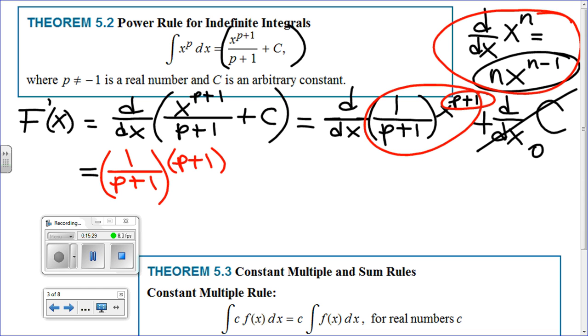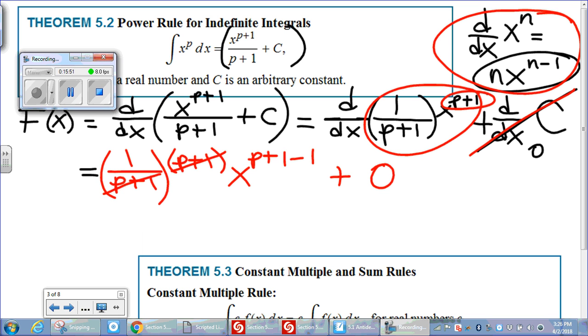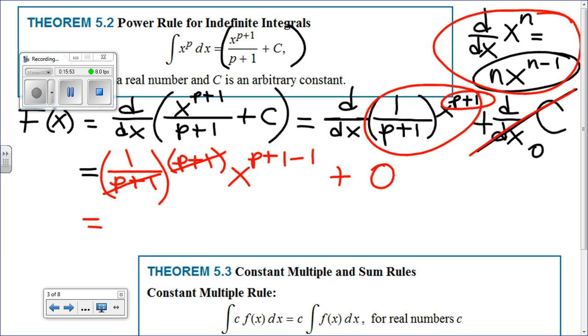And then we're going to have x to the power, the same power that we have there, which is p plus 1, and then we're going to subtract 1. And then we have plus 0 that came from here. So then what happens here, those two will cancel each other because together divided they equal 1. And so here we're going to have x to the power p plus 1 minus 1, which is just x to the power of p.